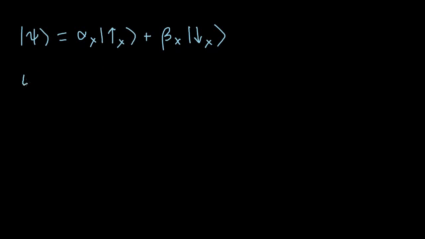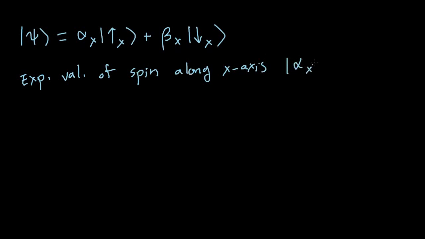So the expectation value of spin along the x-axis would just be the absolute value of alpha sub x squared minus the absolute value of beta sub x squared.